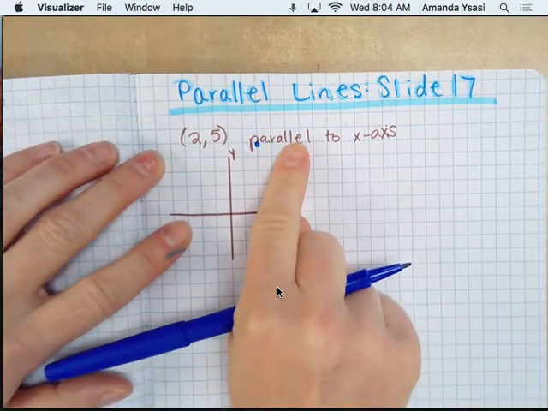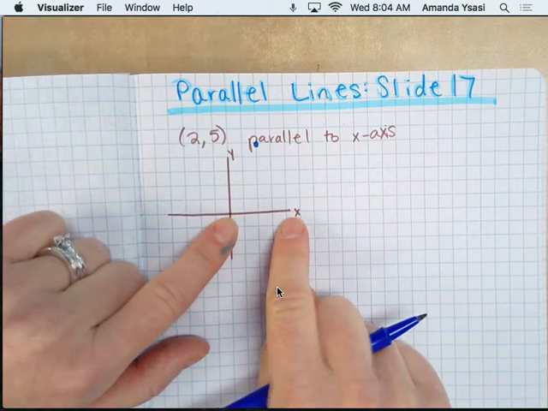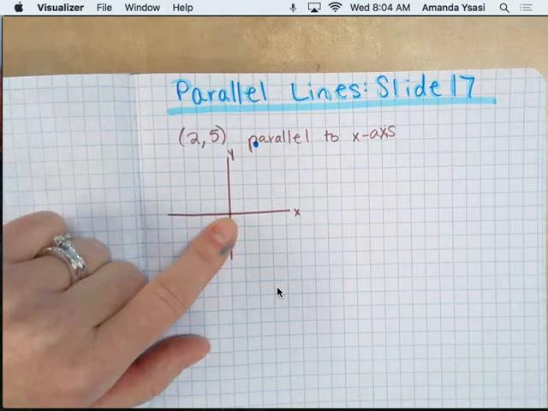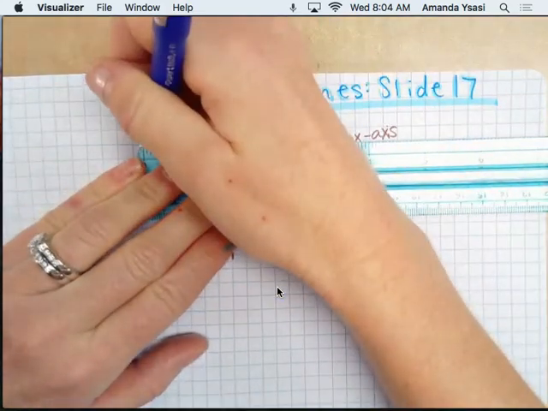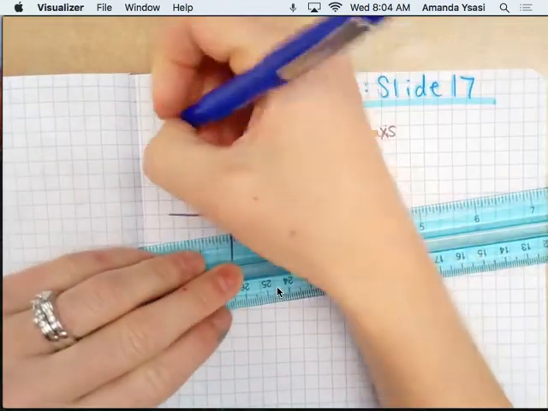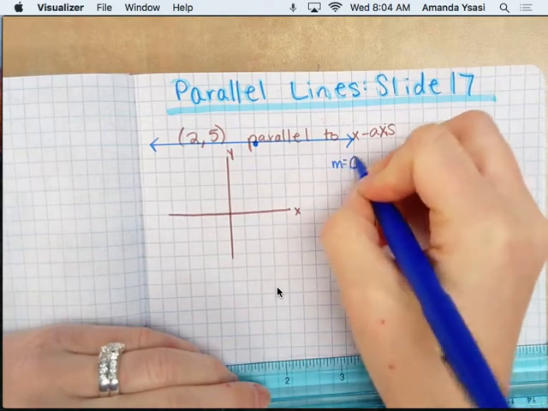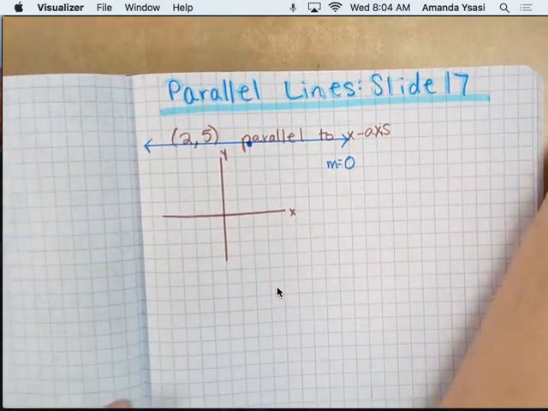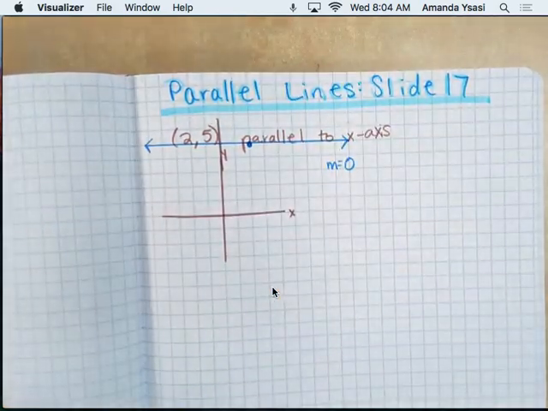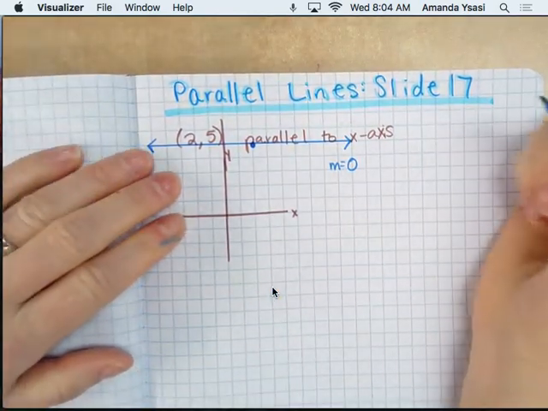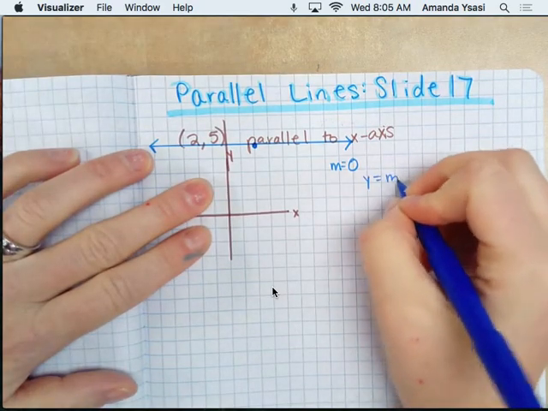Okay, so if it's parallel to the x-axis, what kind of line is this going to be? A zero slope. So it's going to go like this. So we're going to write m equals 0. So we need to write our equation. y equals mx plus b.